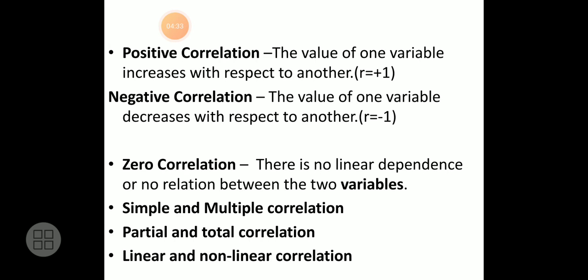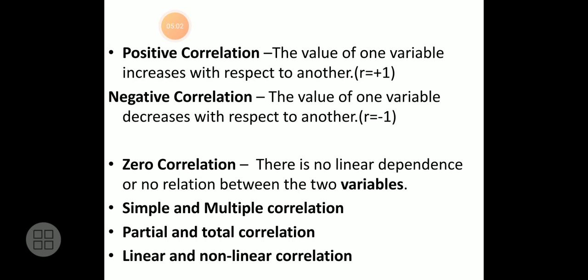First one is positive correlation. The value of one variable increases with an increase in the value of another variable. So here we are going to find the correlation between the 2 variables, whenever the value of one variable increases with respect to another. That type of correlation is positive, and R is always plus 1.